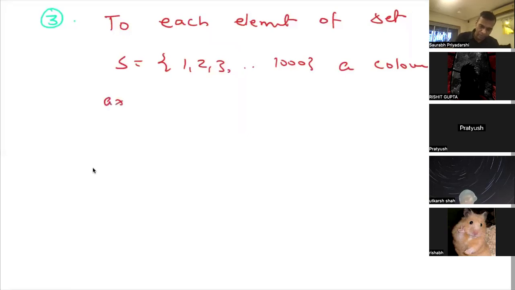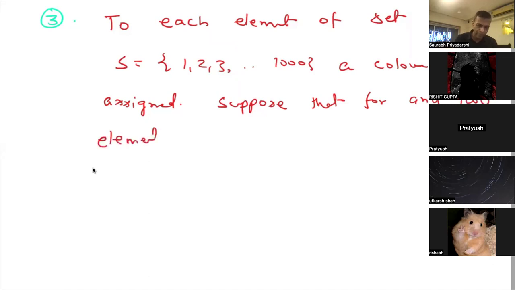Suppose that for any two elements A, B of S, if 15 divides A plus B, then they are both assigned the same color.